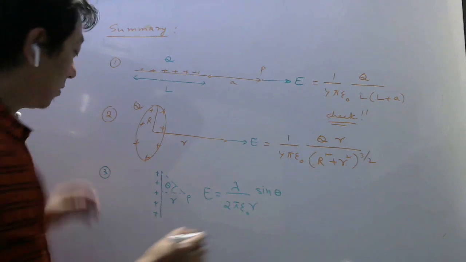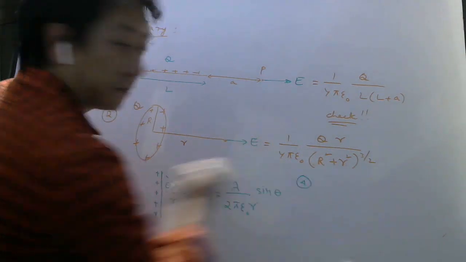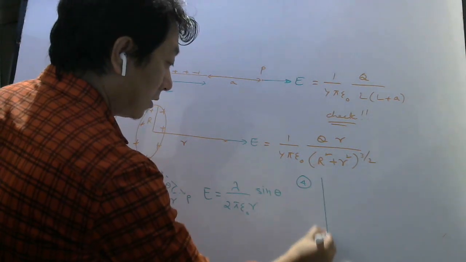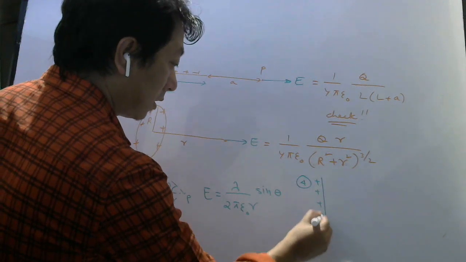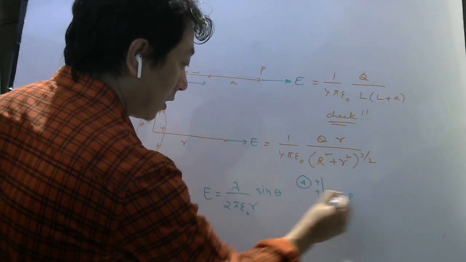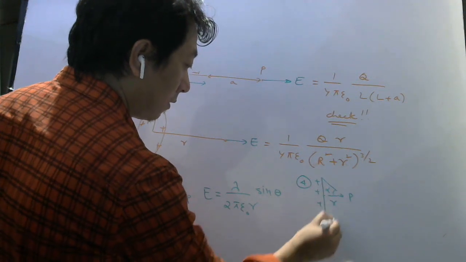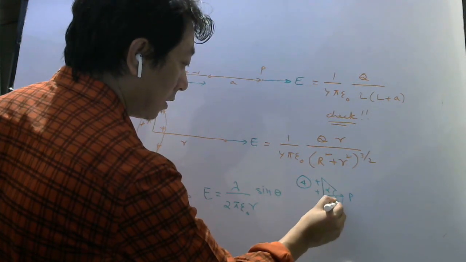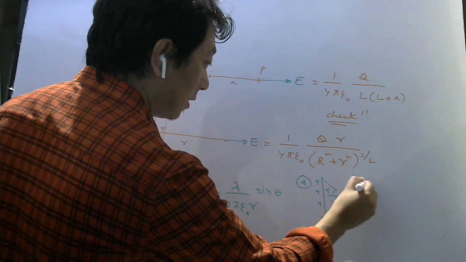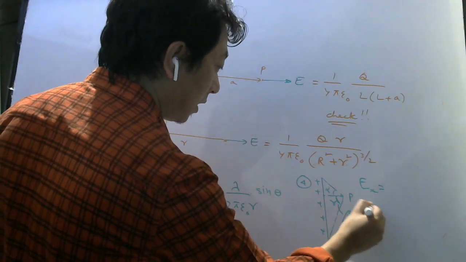And then I told you, fourth one, if your line charge is like this, and your point is somewhere here, then you find this angle alpha, find this angle beta, and electric field will have two components, Ex and Ey.